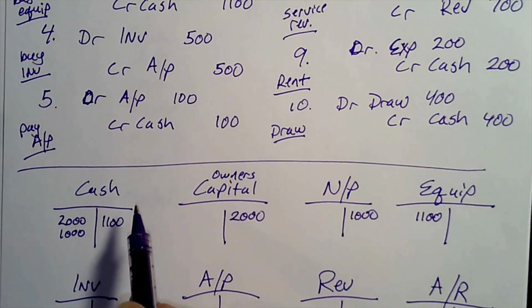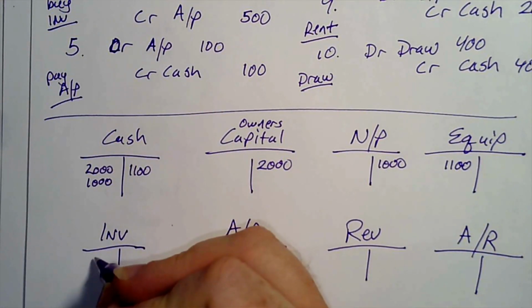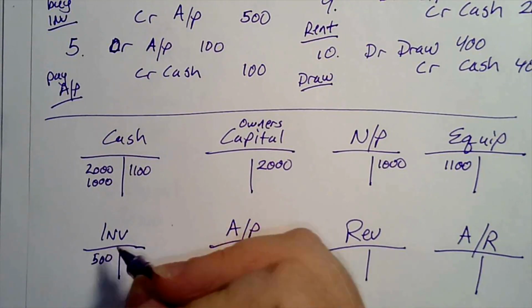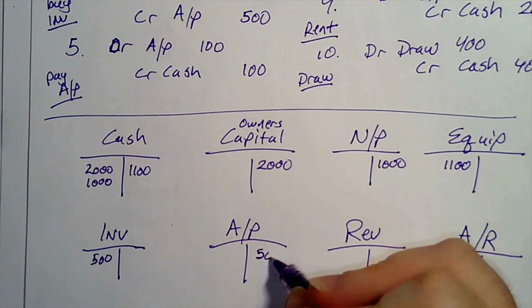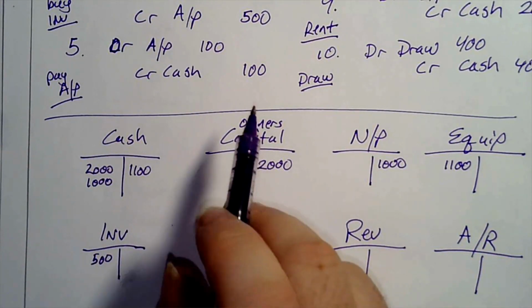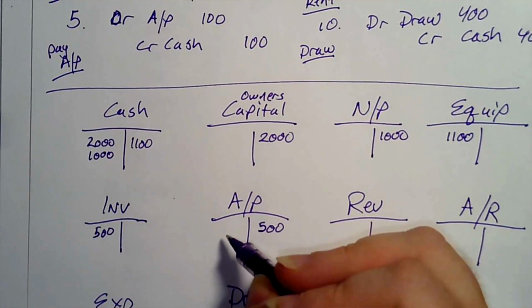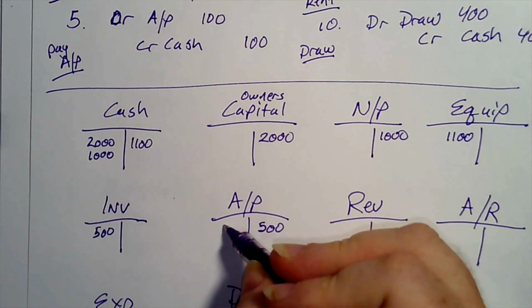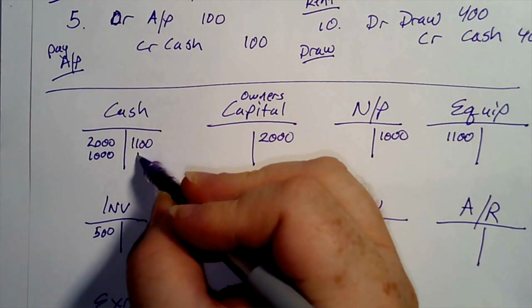The fourth one was inventory went up by 500, and we bought it on account, meaning we didn't pay yet, so our liability went up. At the end of the month, we decided to pay down some of our liability by 100. So we paid down the account by 100, and we used 100 in cash.